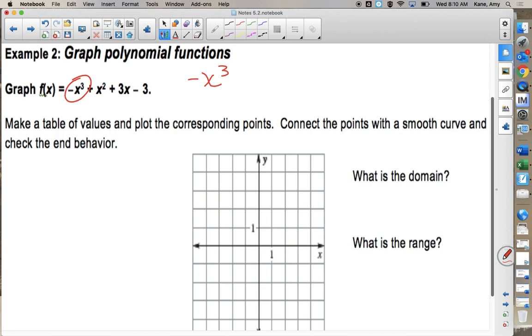So I just circled that largest one, negative x cubed. So the power is odd. The number in front is negative. I'm checking the end behavior first before we even go to think about graphing it. So can anybody just tell me what should happen on the left and the right because it's odd and negative? Chris.